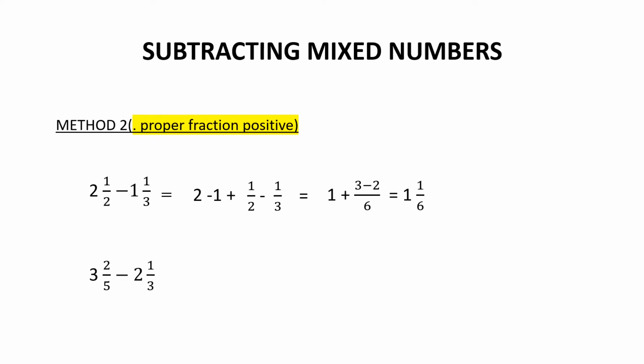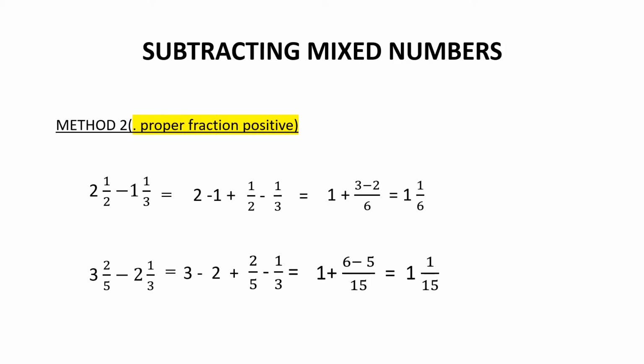Another example, 2 and 1/3 from 3 and 2/5. We are going to take away 2 from 3 and add it to the difference of the proper fractions. So we're going to take away 1/3 from 2/5. The result of taking away 2 from 3 leaves us with 1.